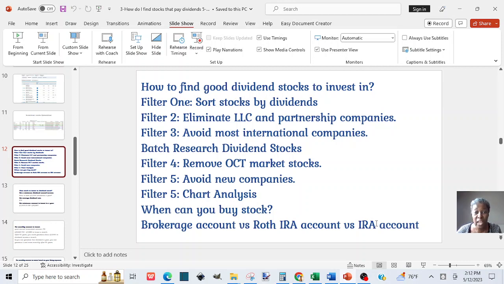As for the brokerage account, you invest after tax money in it, and any dividend that is generating, if you're investing in dividend account, is taxable. Whether you reinvest the dividend or you take it out, is taxable. So the brokerage account is taxable, but the government does not tell you when you should take money out, how much you should take out, at what age you should take money out, or the maximum you should invest in it.